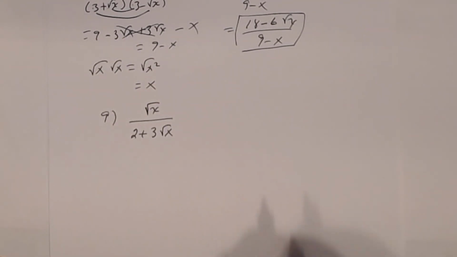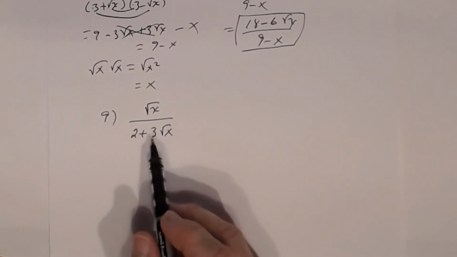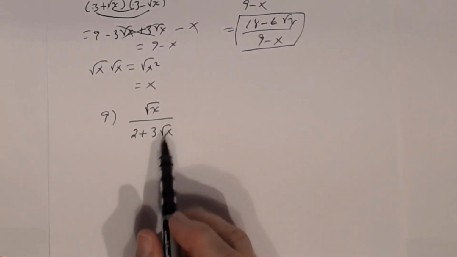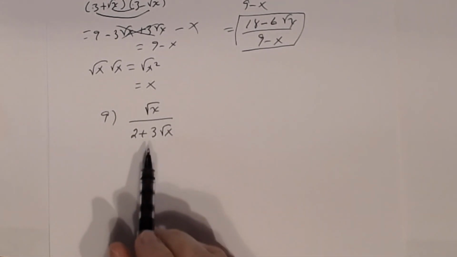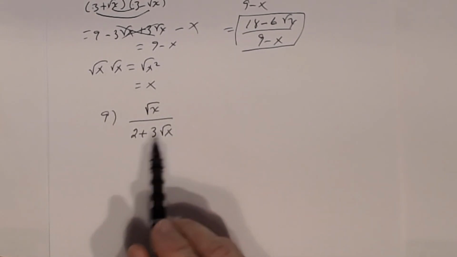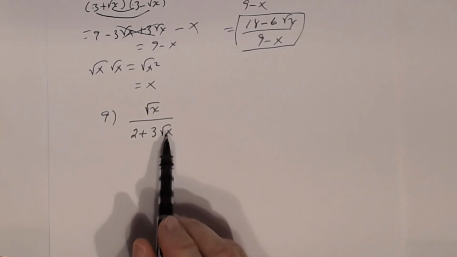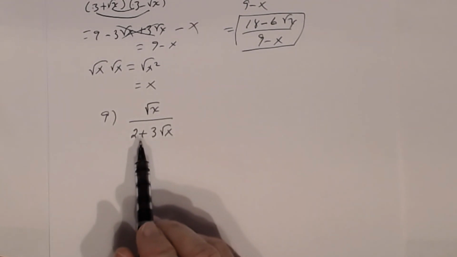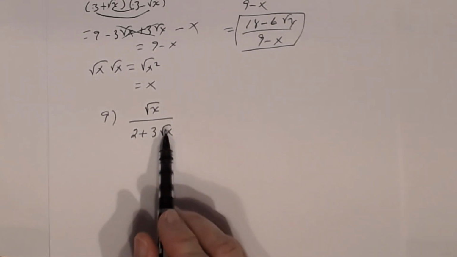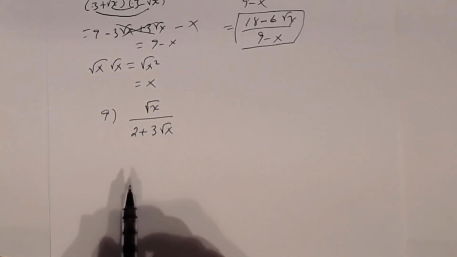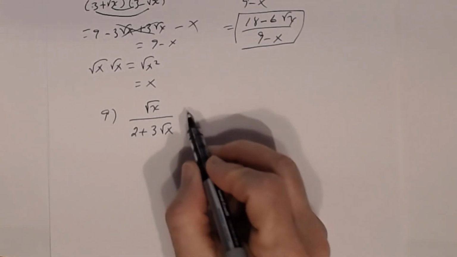So let's suppose we had that. Again, you have a square root in the denominator. You don't want a square root in the denominator, so that's why you rationalize the denominator. But it's two terms. So to rationalize a denominator with two terms, you're going to use a conjugate. And so the conjugate of this is 2 minus 3 square root of x.